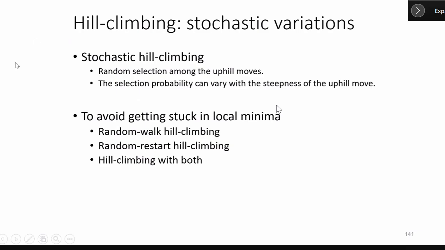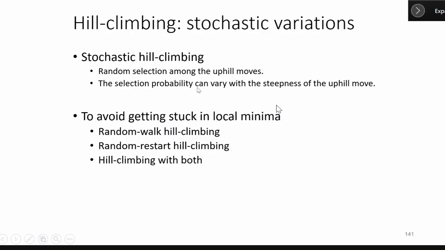Next, in hill climbing, we'll see the stochastic variations. Stochastic is something like taking a random probability distribution, where a pattern may not be predicted, but you take some random value. In stochastic hill climbing, you make a random selection among the uphill moves.